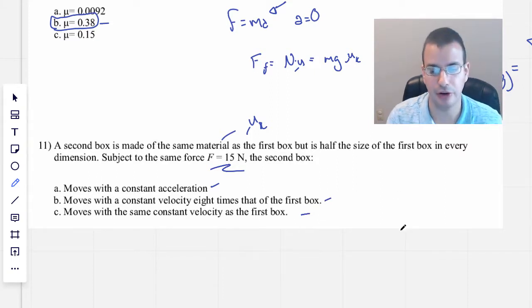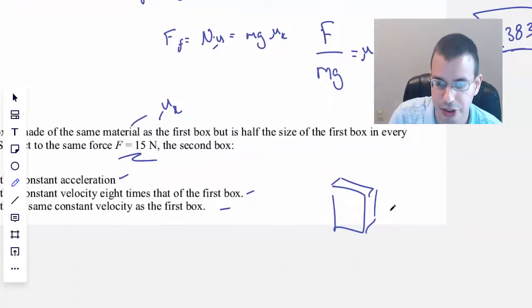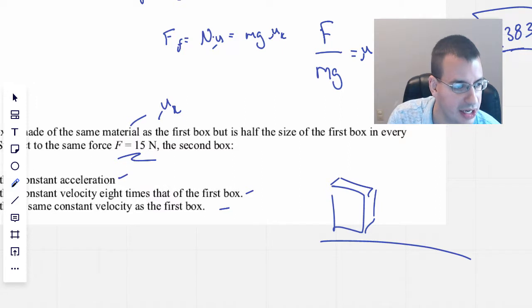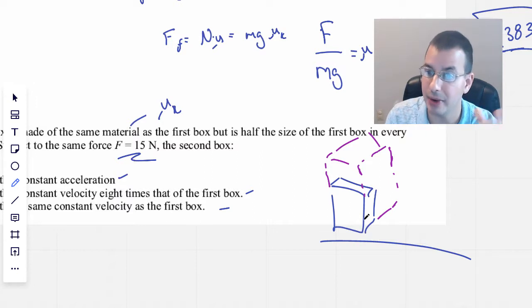Either velocity is different or the same. So the idea here is we got a box that's being pushed, and it is smaller than the previous box. This will show how terrible my artistic skills truly are. So big box, smaller box.